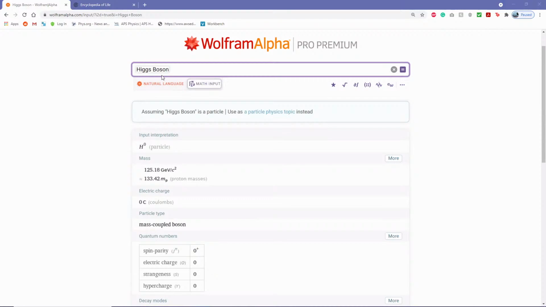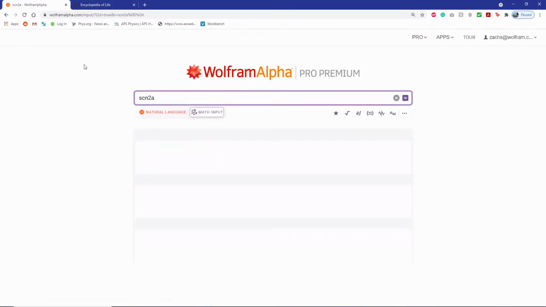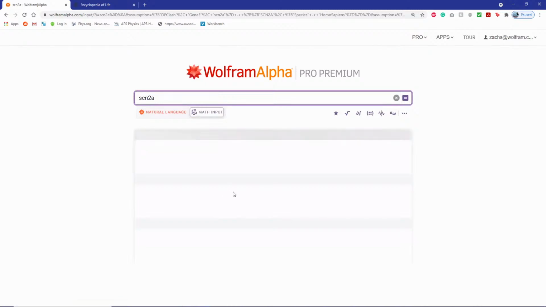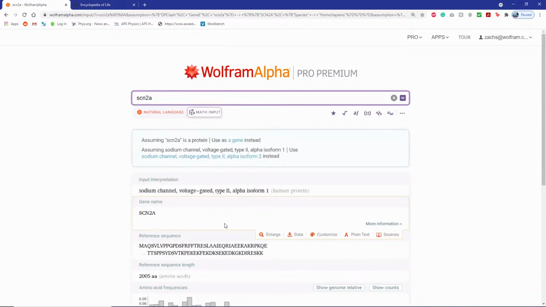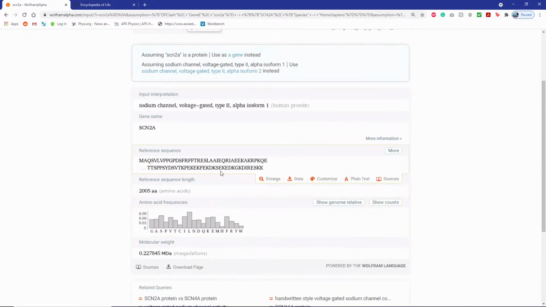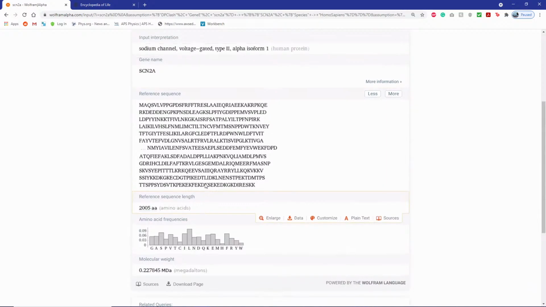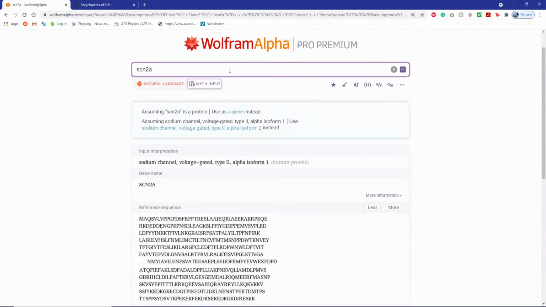All right, I will type that in. I don't know if that means anything, and I hope, oh, it is a protein. So I only want a protein. I have a reference sequence. Is that what we're looking for? Amino.